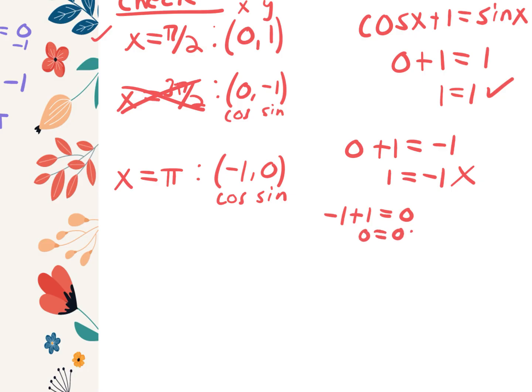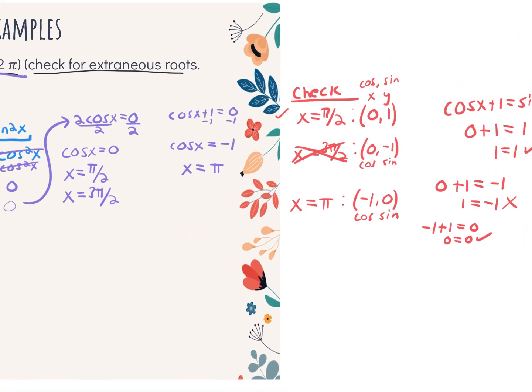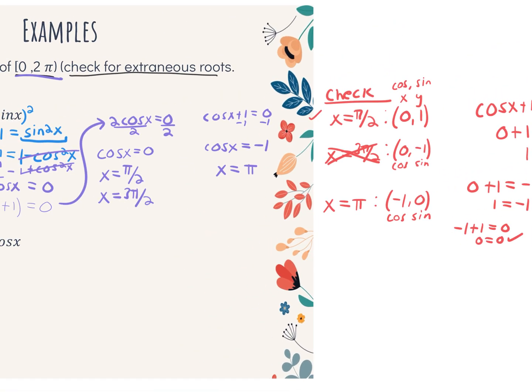Is that true? Good. So what are our only two solutions here? Pi and pi over 2. 3 pi over 2 is extraneous. Again, we squared in the beginning. That square wasn't there originally, so we do need to account for the extraneous solutions.